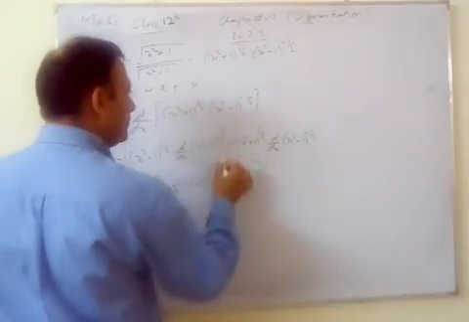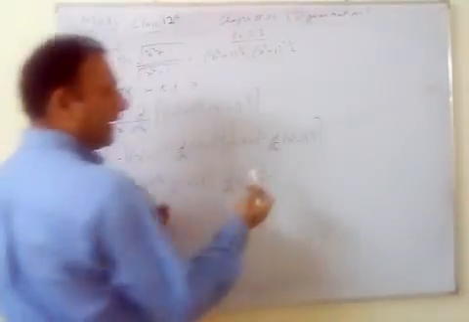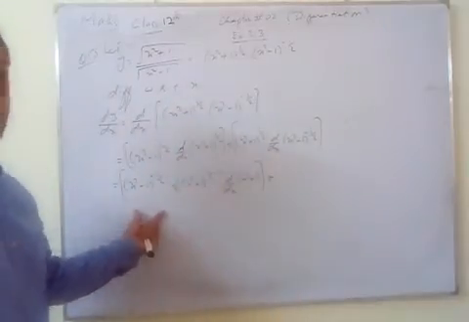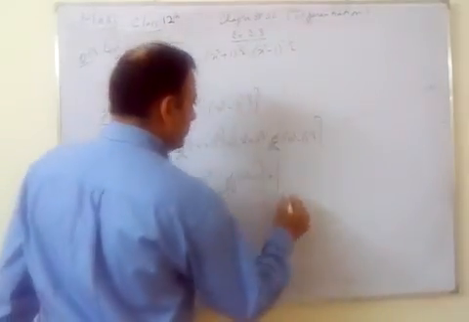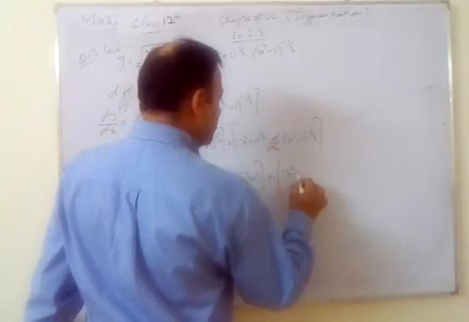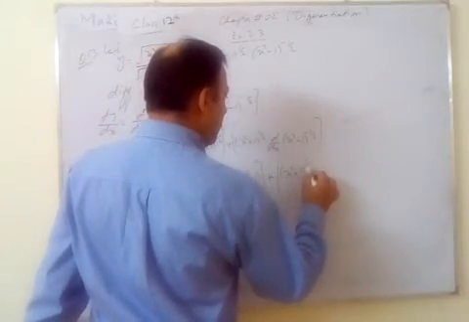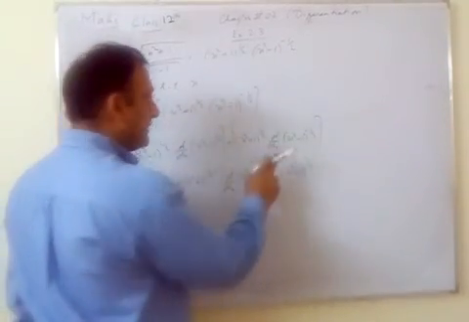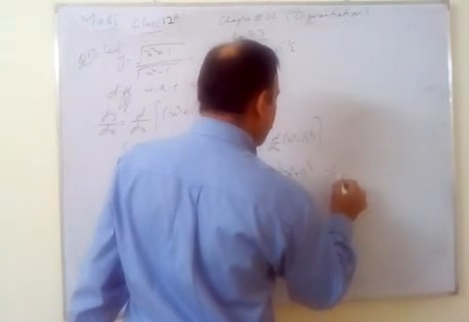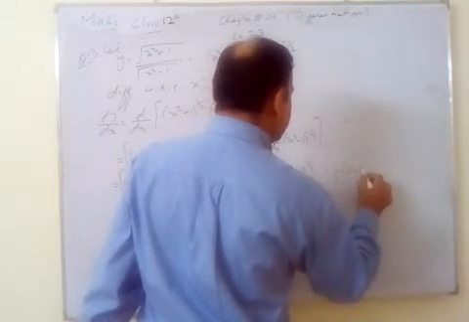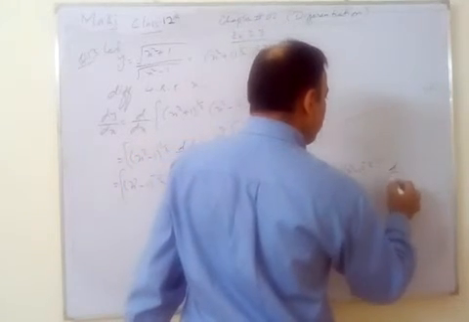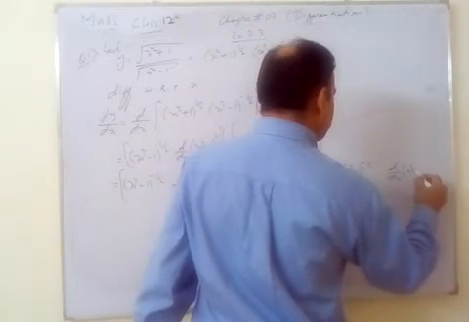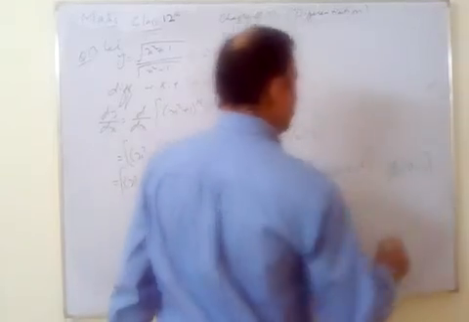I put this in brackets, otherwise there is no need to provide the bracket, but I did it so that you understand better. So (x square plus 1) power 1 by 2 as it is, derivative of this one, minus 1 by 2 (x square minus 1) power minus 1 by 2 minus 1 into derivative of this one.